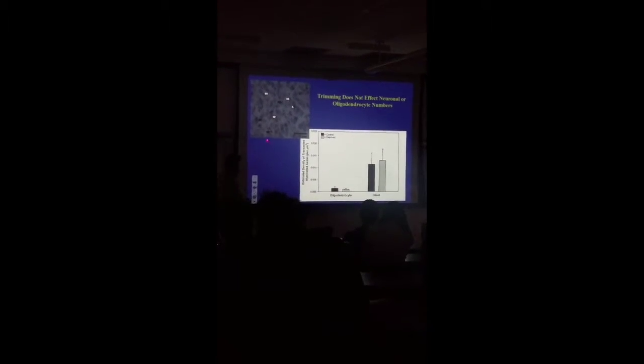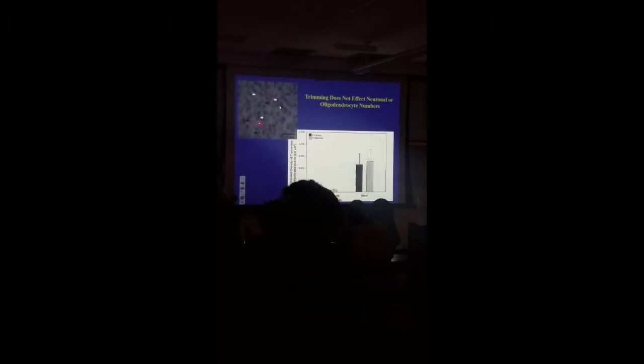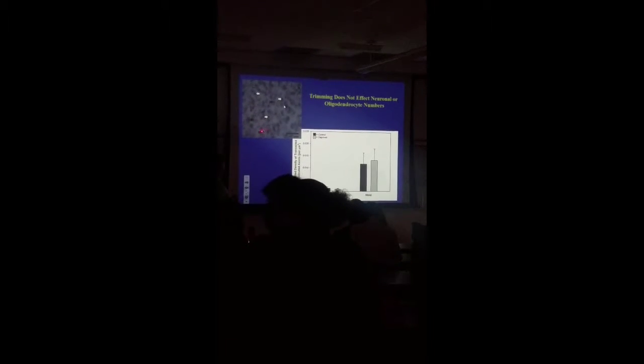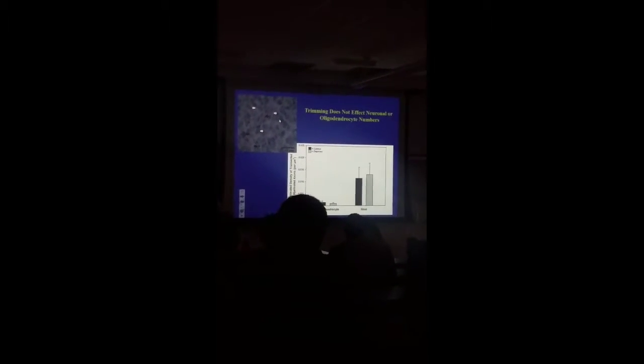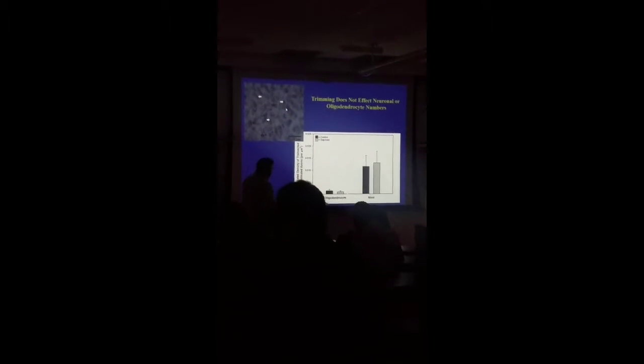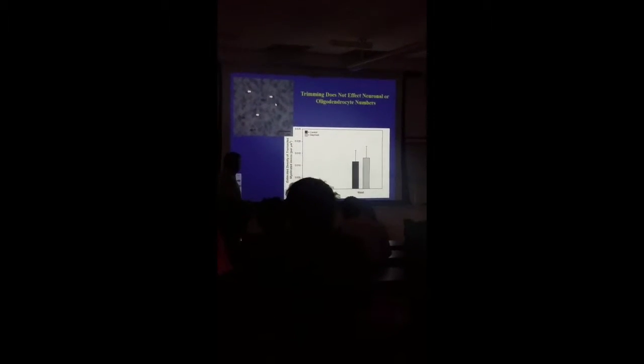What you're seeing here is blue dots are cells. You can see not every cell has a black dot on it. The black dots are cells that are stained for a specific protein called OLIG2, which identifies oligodendrocytes. And we counted the number of oligodendrocytes following trimming and saw that there was no difference.